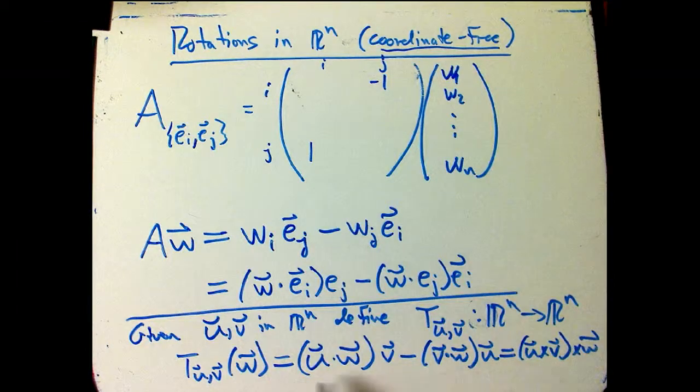When you see this side of this formula, you might say, hey, I know that that's a great way to define an infinitesimal rotation. And it's an infinitesimal rotation that's defined by these two vectors u and v. And so it takes a W, and what does it produce? It produces a combination of v and u that's guaranteed to be orthogonal to W itself.